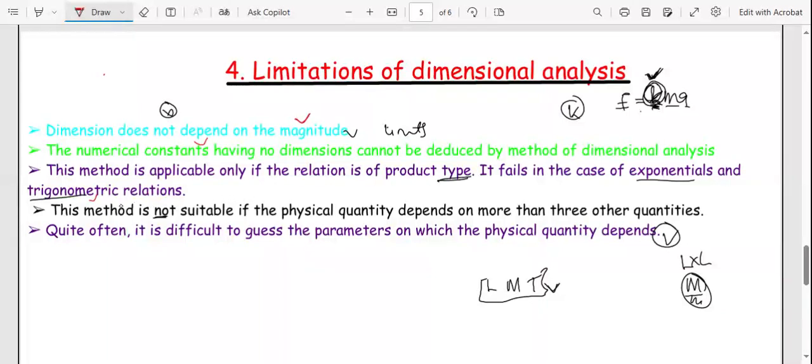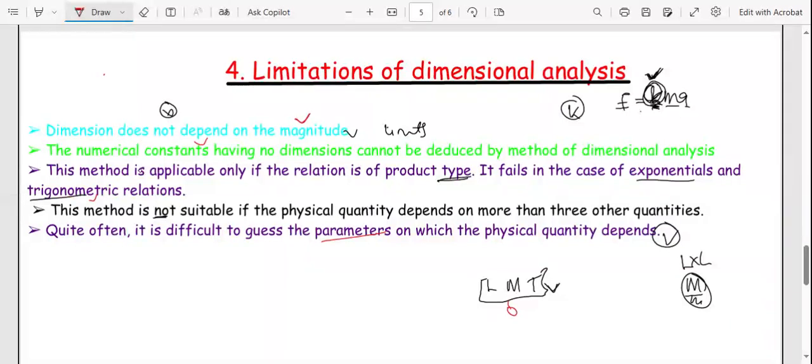The method is also not suitable for a physical quantity that depends on more than these three we have there. It is difficult sometimes to guess the parameters on which the physical quantity depends. So those are the points that I want you to master.